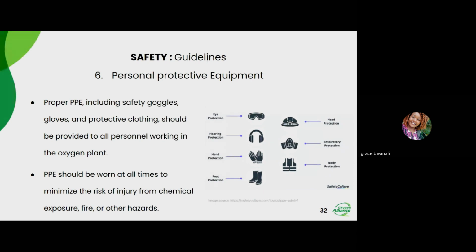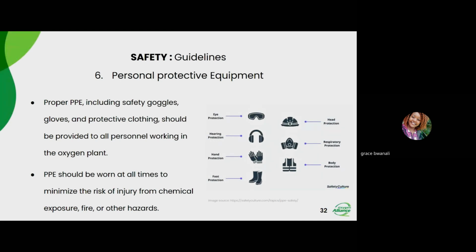I will share my personal experience. Once, wearing proper PPE shielded me from potential harm during a chemical spill. From goggles to gloves or protective clothes, like most of us, we wear wetsuits. Those are the recommended safety gears that you're supposed to put on.